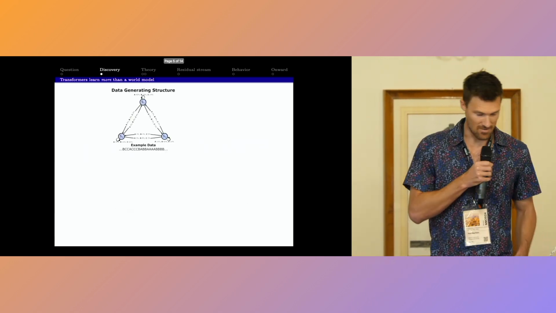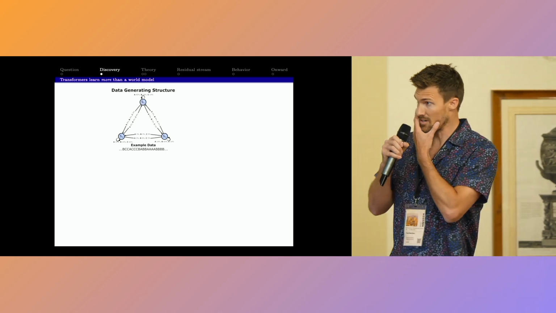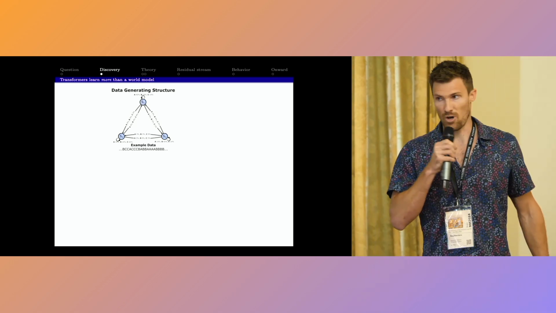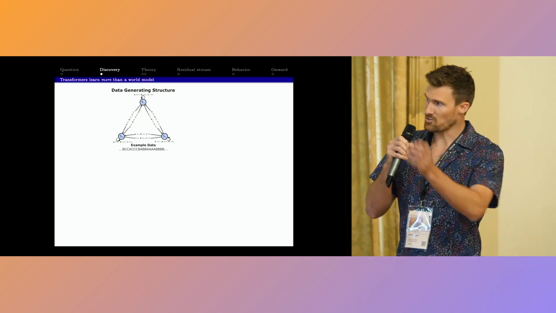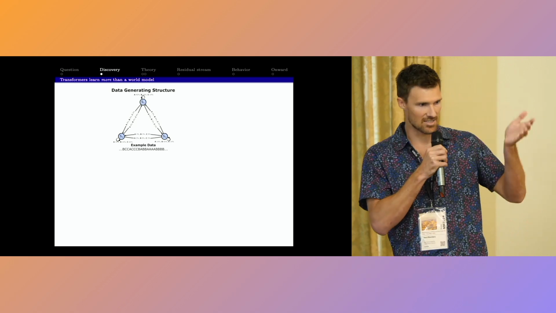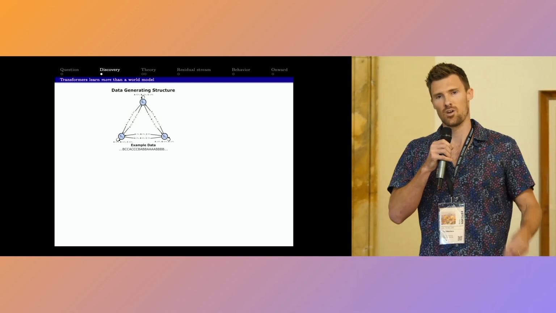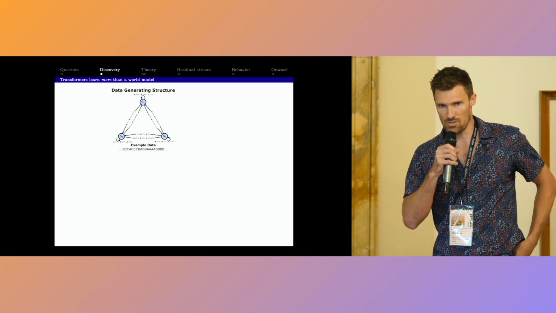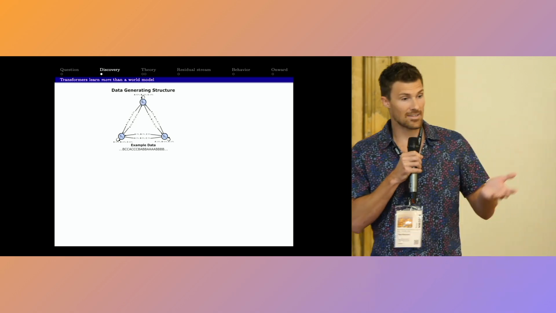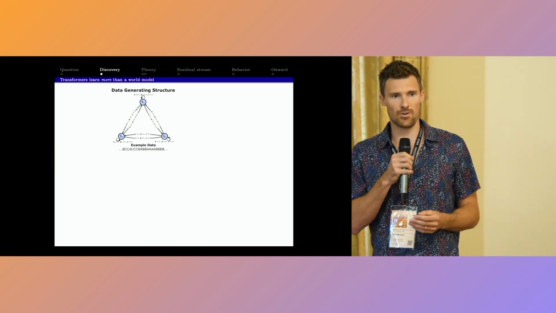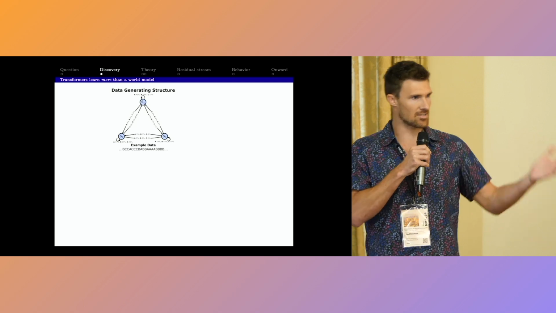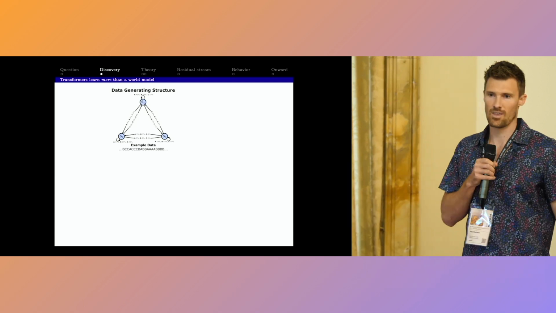So let's start with just a simple toy example. So here's a 3-state hidden Markov model. You don't actually get to see the states, you just get to see the data. And so what do you build up? What's your internal representation? Well, if you had something like a world model, you'd think maybe you figure out something like this thing has 3 states, there's some transition probabilities, right?